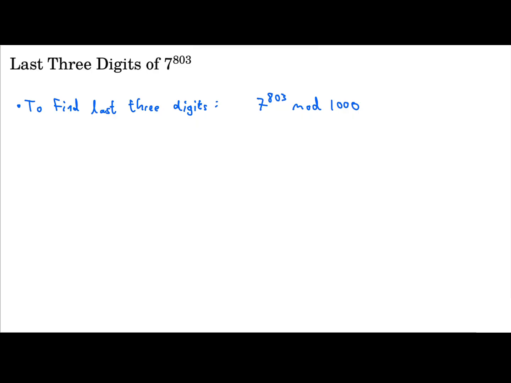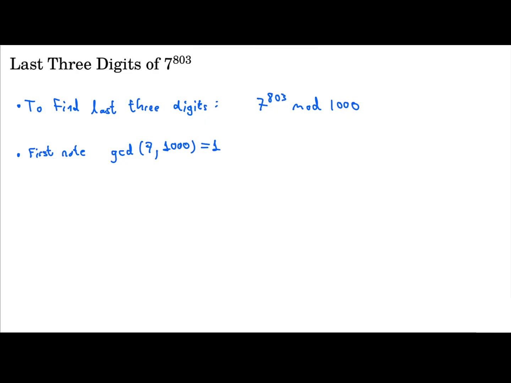So let's use Euler's theorem. First we need to check that we can. So first note that the GCD of 7 and 1000 is equal to 1, because 7 is prime and it doesn't divide 1000, right?